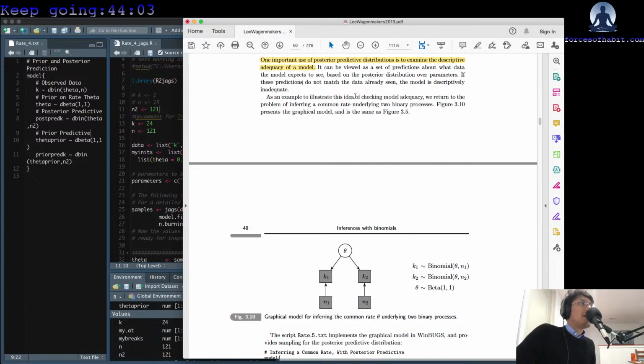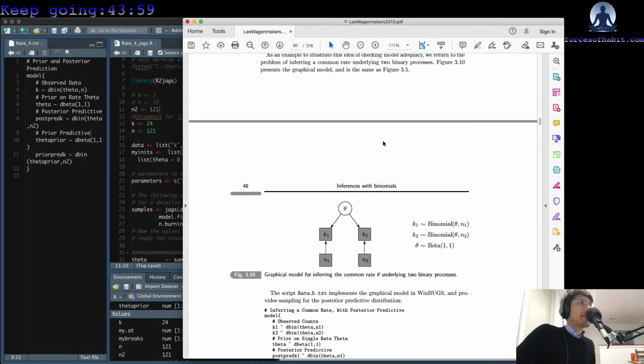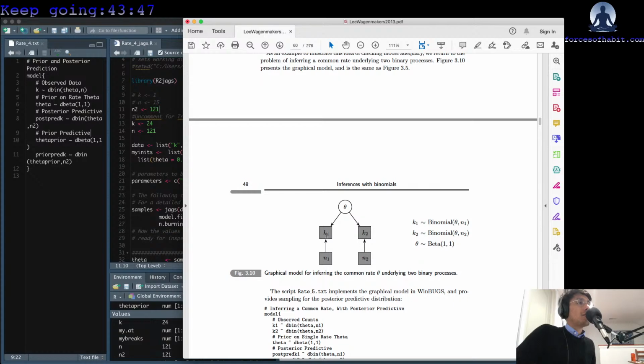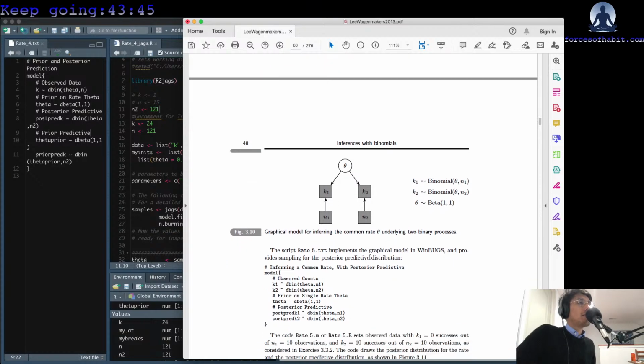So let's do some model adequacy checking here, and we're just going to look at the common rate problem again. So we have a success rate, we have two data sets, and they have this underlying latent success rate that we didn't observe, but we observed success counts for the two.